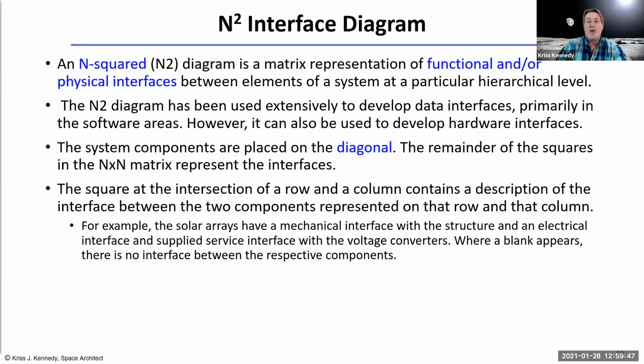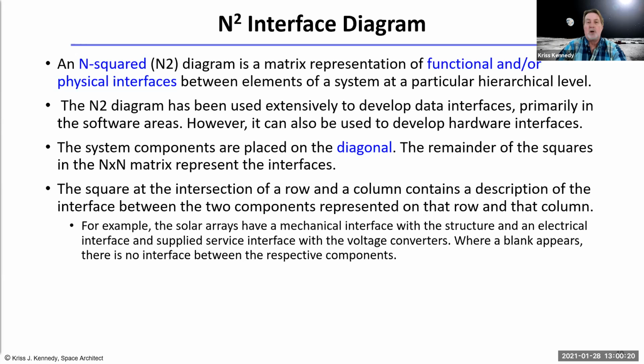So the system components are placed on a diagonal, and the remainder of the squares in the N by N matrix represent those interfaces. And I'll show you that in a minute. The square at the intersection of a row and a column contains the description of that interface between the two components. It could also represent the flow, which direction data is flowing, or power, or the mechanical interface, and so on.